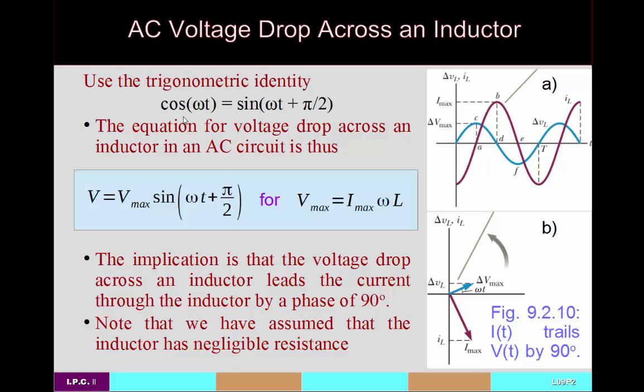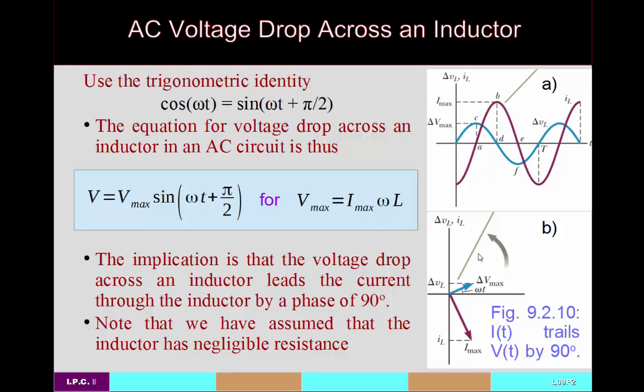So with our cosine trigonometric identity, we convert the cosine into a sine by way of adding a phase of pi over 2 or 1/4 cycle. So that means that the voltage is given by Vmax sine omega t plus pi over 2, where Vmax, the maximum voltage drop across the inductor, is given by the maximum current times the angular frequency times the inductance.